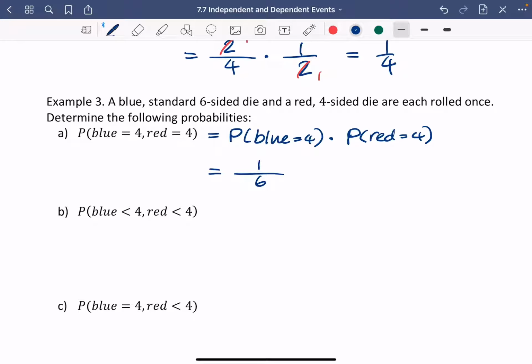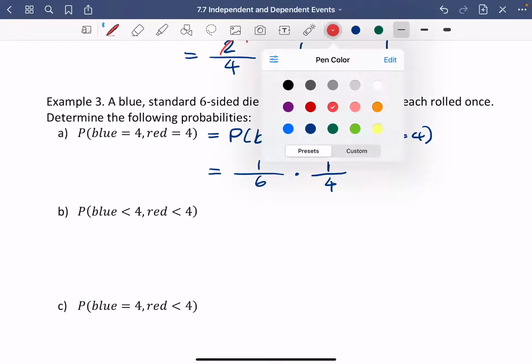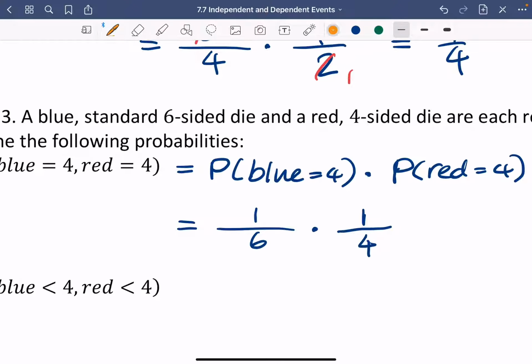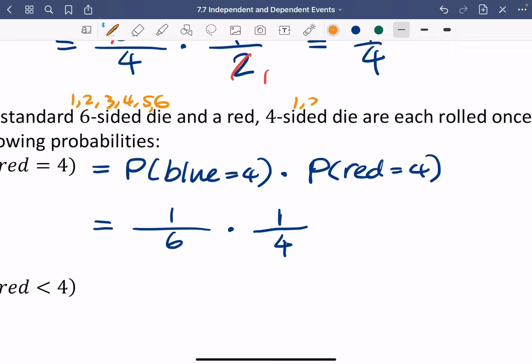Now we multiply it by the probability of getting a 4 for the 4-sided die. How many possible outcomes are there? 4. How many 4s are there in a 4-sided die? Oh, only one 4. If you're not sure, we can write it out. 6-sided die, we have 1, 2, 3, 4, 5, 6. 4-sided die, we have 1, 2, 3, 4.